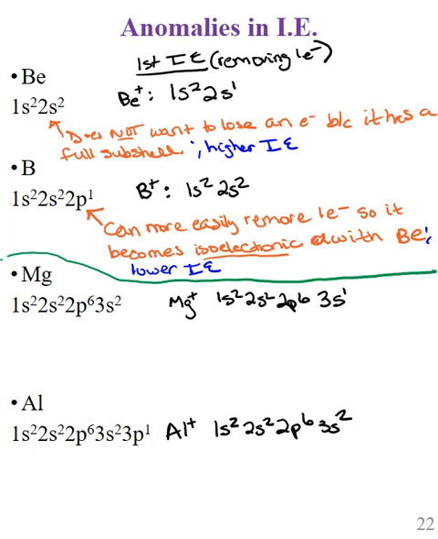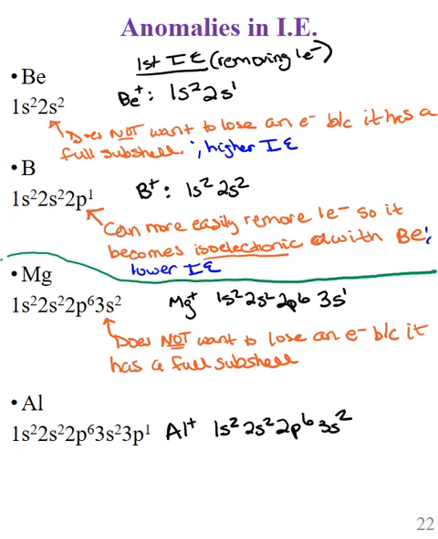Now, which one does not want to lose an electron? Magnesium. It does not want to lose an electron because it has a full subshell. If I now look at aluminum, if it loses one electron, it turns into a full subshell.